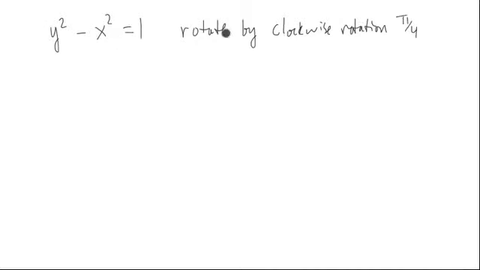Then we're going to look at what the equation for that is, and we're going to use complex numbers to do the rotation. It works out very quickly, easily, smoothly, and nicely. Let's take a look at how this would go.